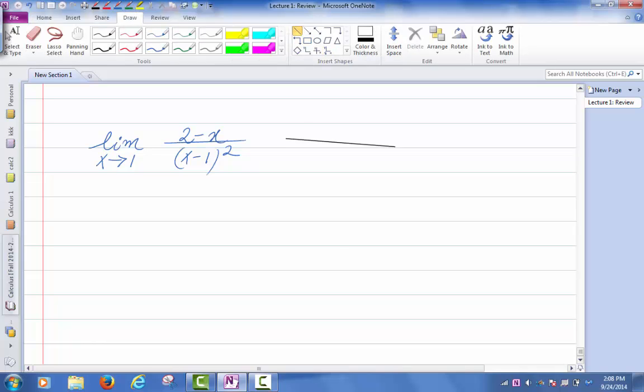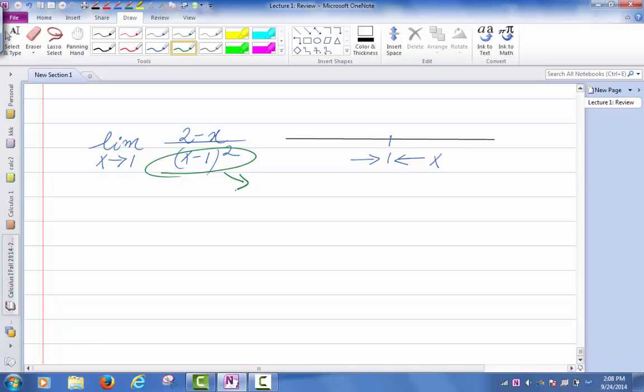Notice that here's, let's say, 1, right? And x is going to 1 from either side. And then what's the limit of the denominator?